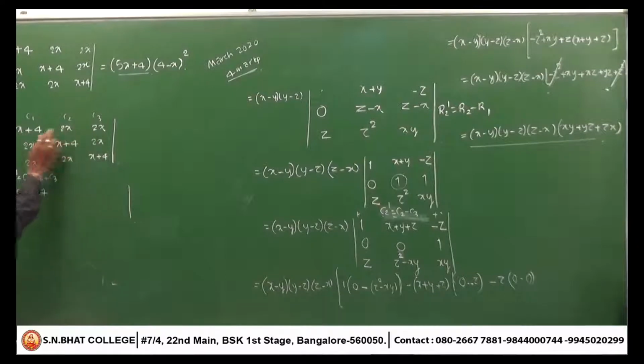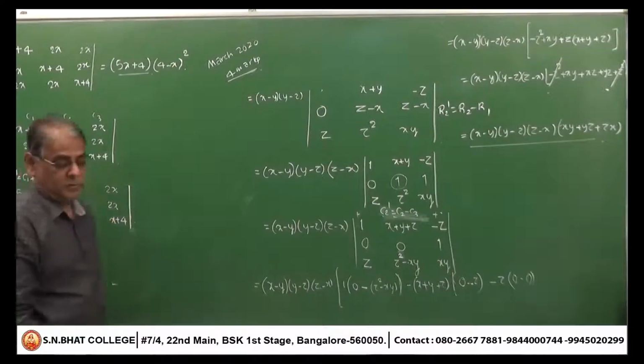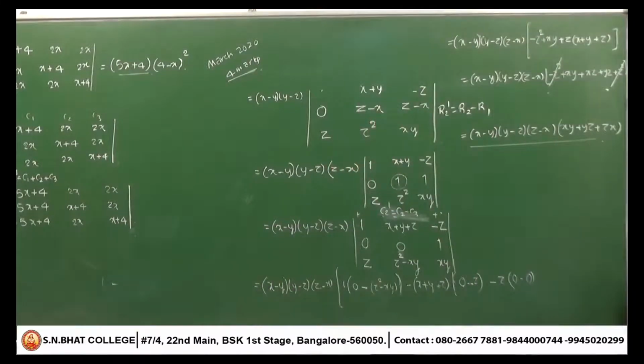Next 2x plus 2x, 4x plus x, 5x plus 4. Next again 5x plus 4. Write other 2 columns as it is. 2x, x plus 4, 2x, x plus 4. If you add the 3 rows also, you will get 5x plus 4 common factor.